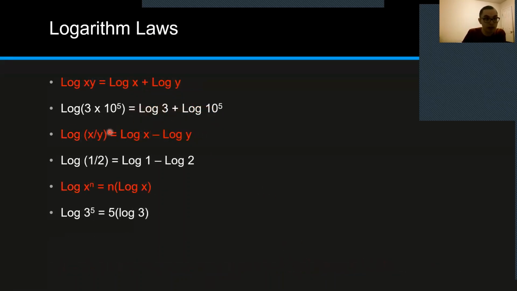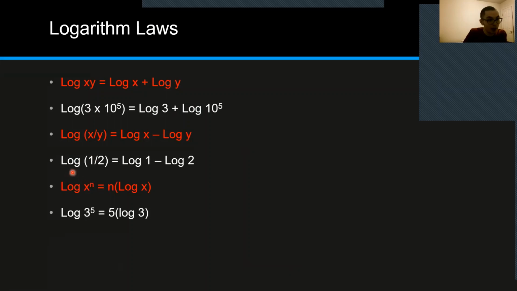All right, so with this first law here, if we have the log of a product, we can break it down into the log of the individual constituents, right? Likewise, with division, if we have log of x divided by y, we can break this down further with subtraction. We can do log of x minus log of y, right?